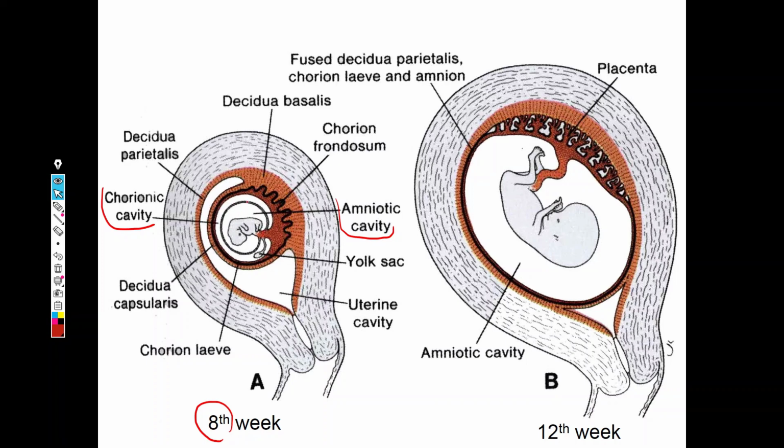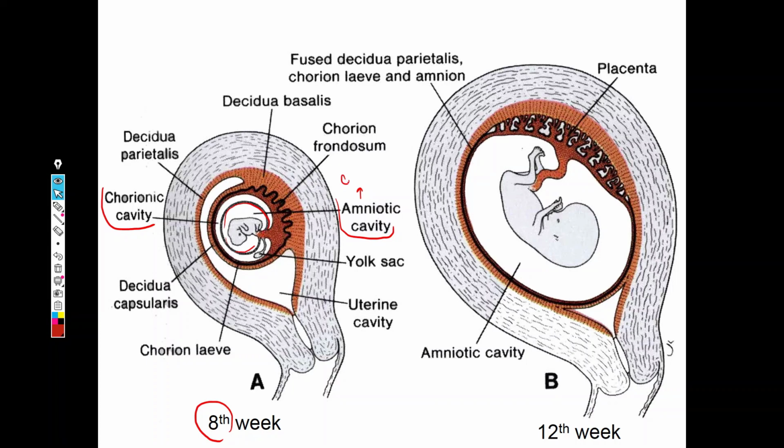And the amniotic cavity expands, and really this layer over here, the amnion layer, is formed by special cells called amnioblasts, because it's the amniotic cavity, and also somatopleura.